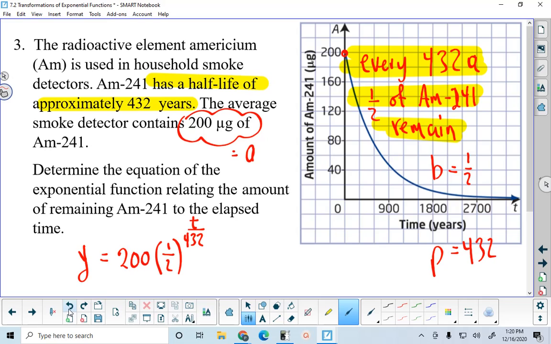And now you could use that formula to answer questions like how much is left after 100 years? Or how many years will it take for there to be 30 milligrams or micrograms or whatever that is?